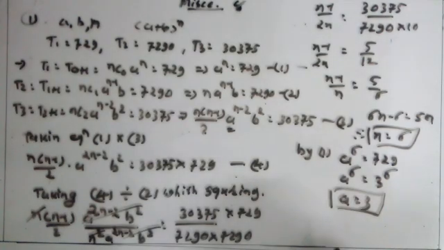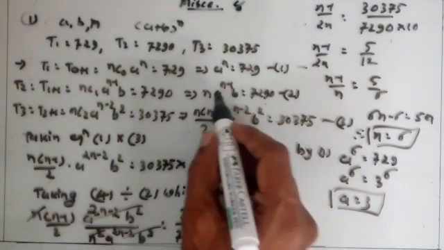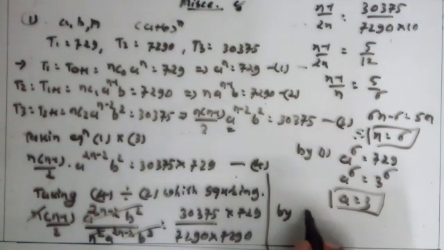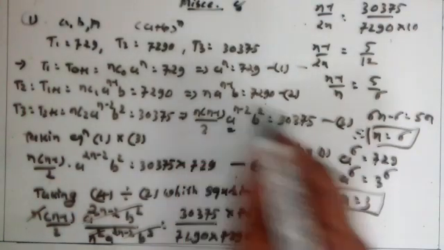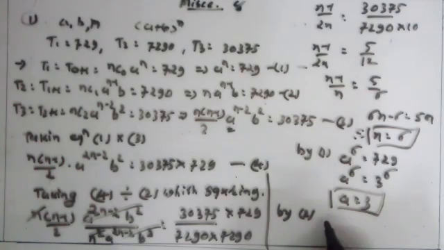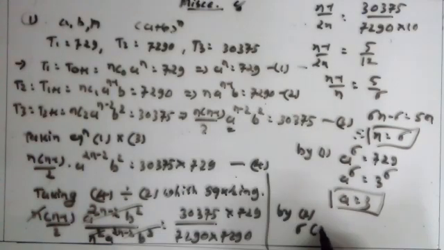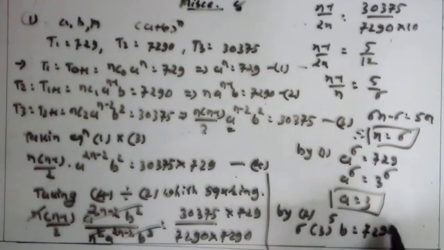So here, now by the second term, n is equal to 6, a is equal to 3, n minus 1 is 5, and b we want to get is equal to 7290.